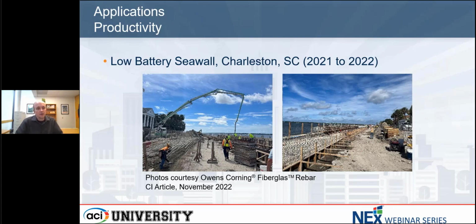There is another nice article in CI on this project back in November of last year. And here the contractor realized how much more productive they could be with FRP rebar versus steel rebar in this project. So again, it highlights some of the more modern thinking about using FRP rebar to boost productivity and not just for some of these other attributes that FRP brings to the table.